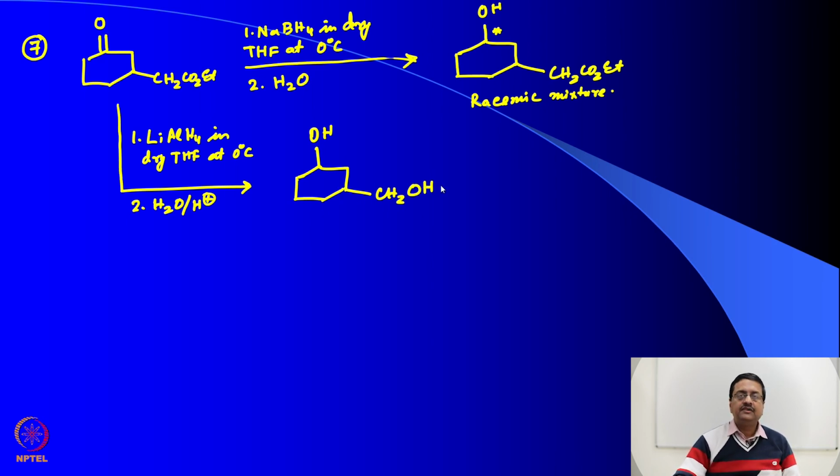So, lithium aluminum hydride reduces both carbonyl groups, that is one ketone and one ester, to the corresponding alcohols.